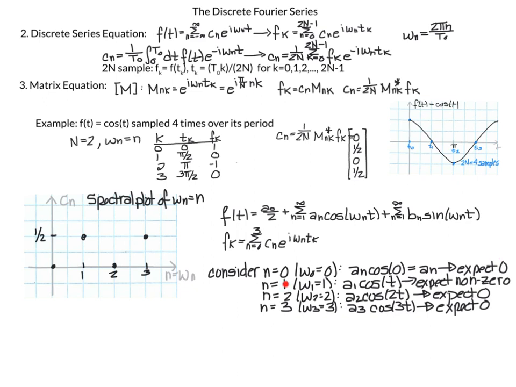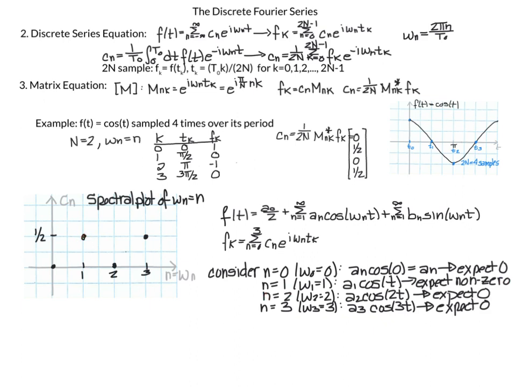When n is equal to 1, our omega 1 is equal to 1. So we're looking at some coefficient a1 cosine of omega t, which is just cosine of t. And this we expect to be something non-zero, something close to 1, right? Because the function we're trying to model is cosine t. So we expect something non-zero, which we have right over here. We have 1/2.